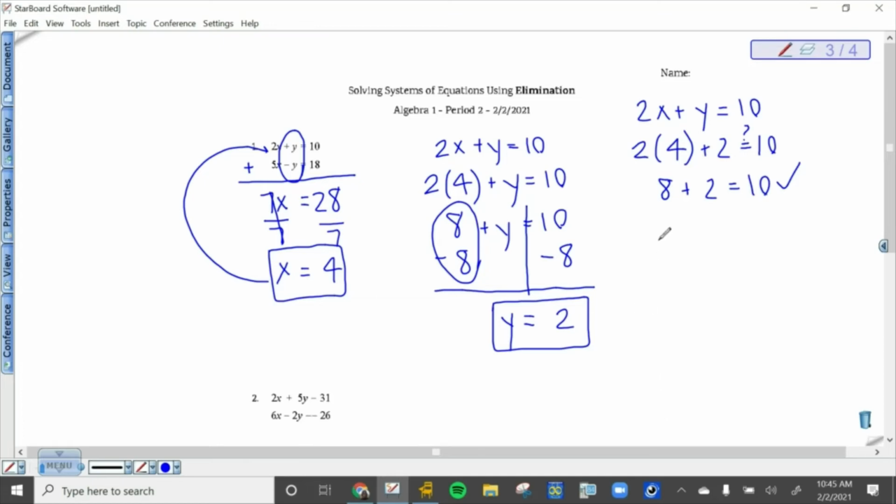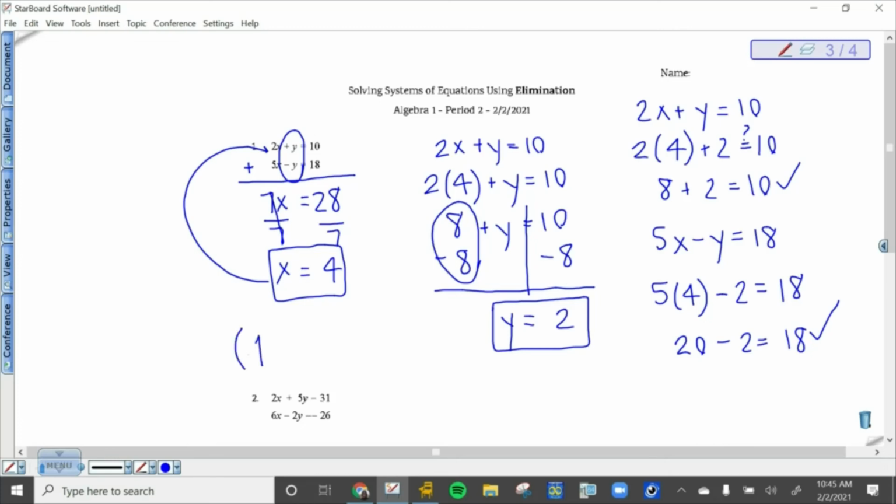And now let's do the other equation, 5x minus y equals 18. 4 for x, 2 for y, so 5 times 4 minus 2 equals 18. What's 5 times 4? 20. So does 20 minus 2 equal 18? Yes. So our answer is going to be 4, 2.